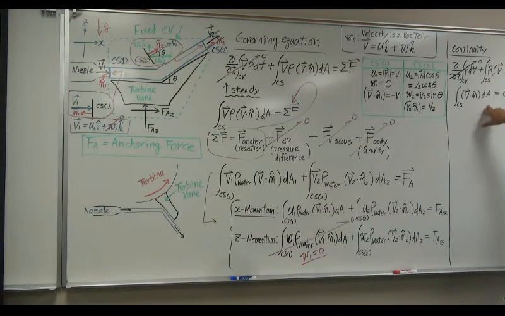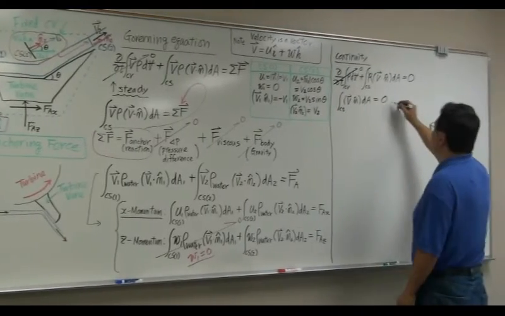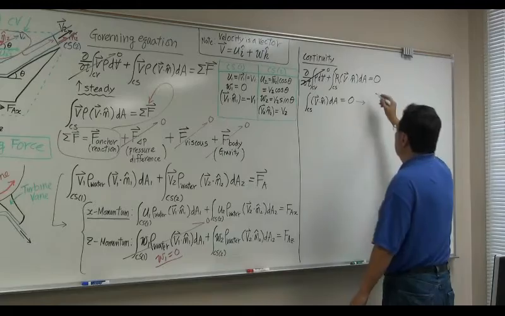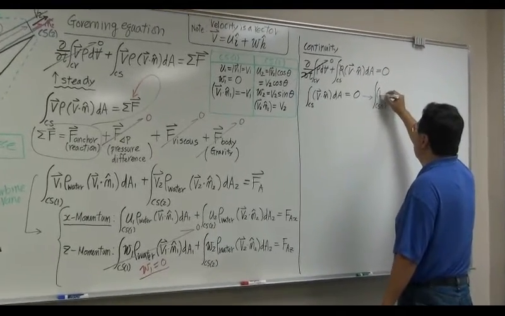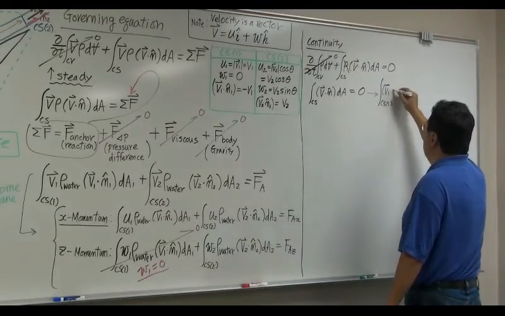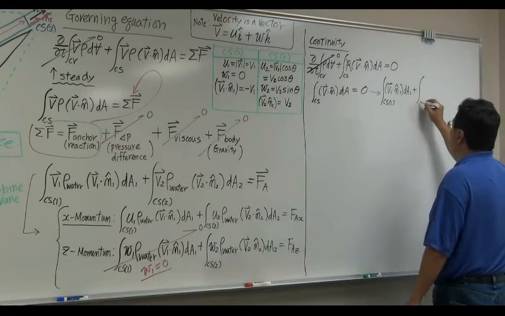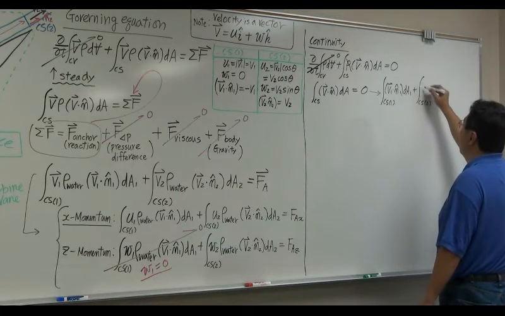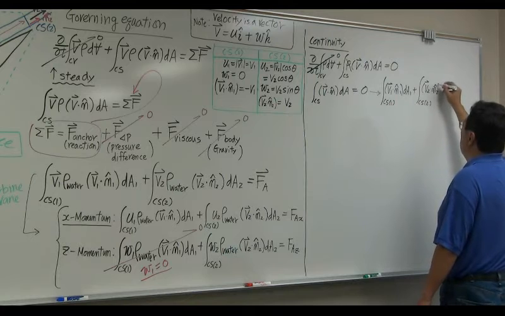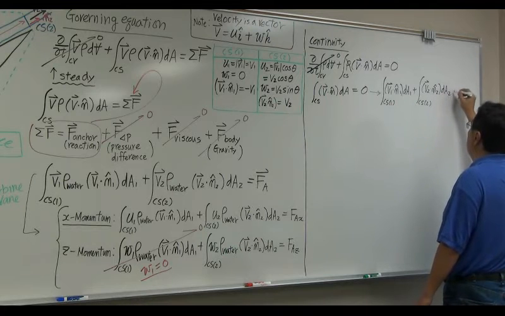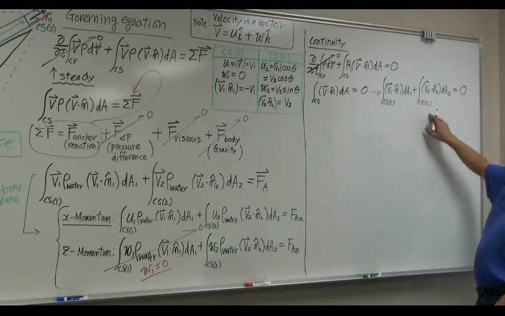So let's go back to the continuity equation. This is the integral over CS1 of B1 dot N1 dA1 plus the integral over CS2 of B2 dot N2 dA2 is equal to 0. So this is two control surfaces.